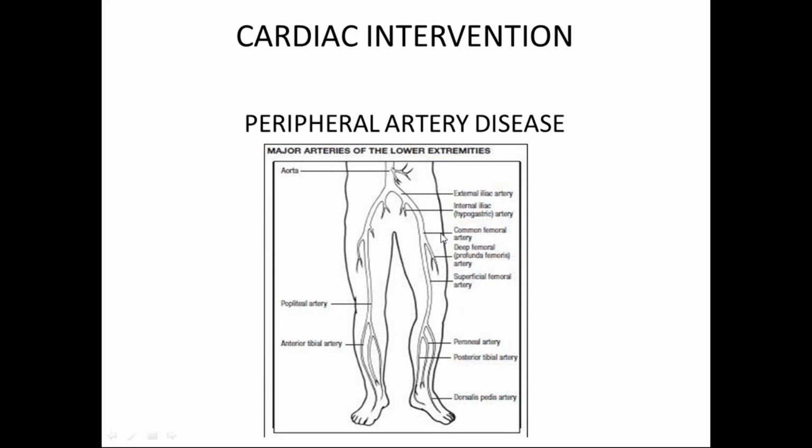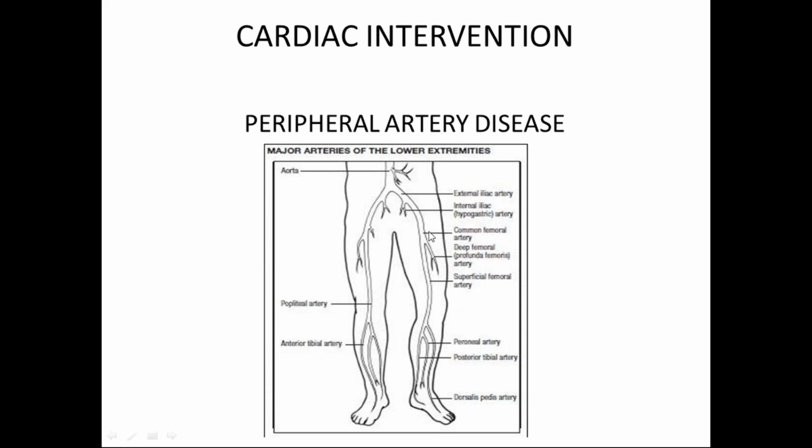Again, if the cuff is in the thigh and you have an abnormal waveform, it suggests that there is obstruction above the cuff. So it would either be in the aorta, or it can be in the common iliac or the external iliac or the common femoral, if the cuff is right there.